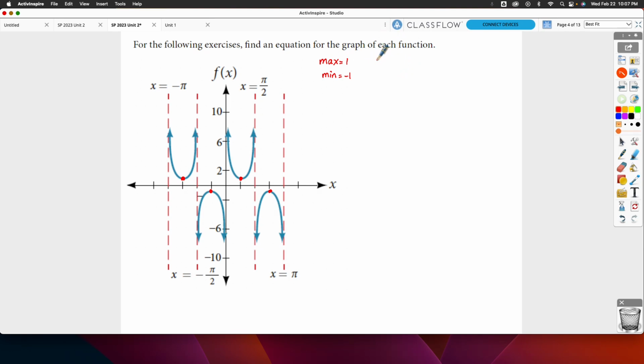Okay, let's just go ahead and graph that. Your midline would be at the x-intercept. So these are basically the intercepts of your function, right? And the graph of the function looks like this.